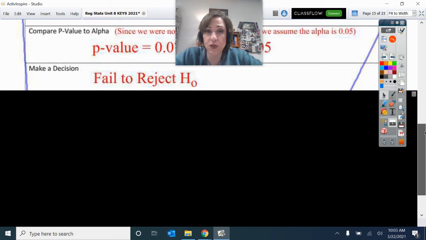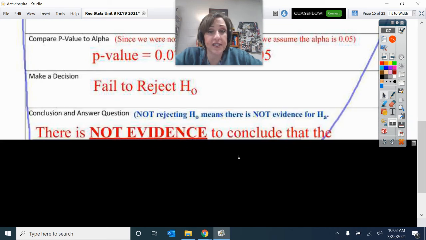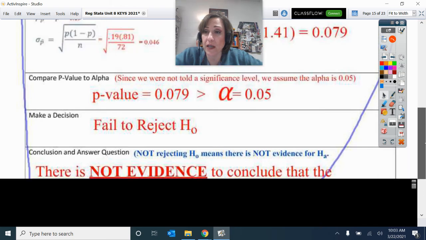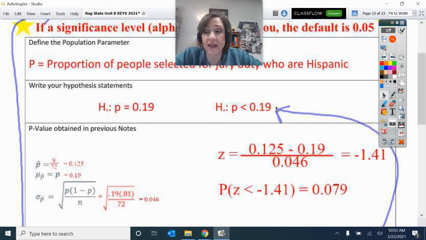So this statement here will say, there is not evidence to conclude that, okay? And then we just state HA in context. Look, I drew a little arrow up to here. So we do not have evidence of this.